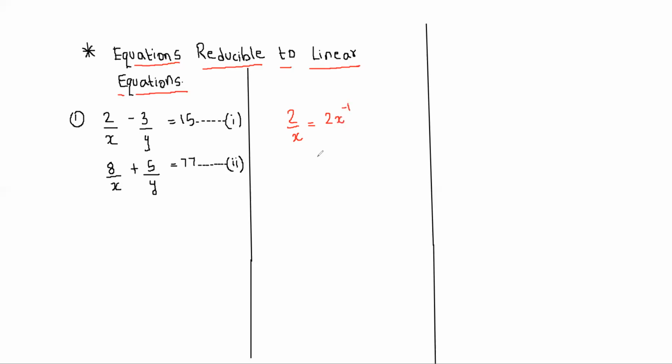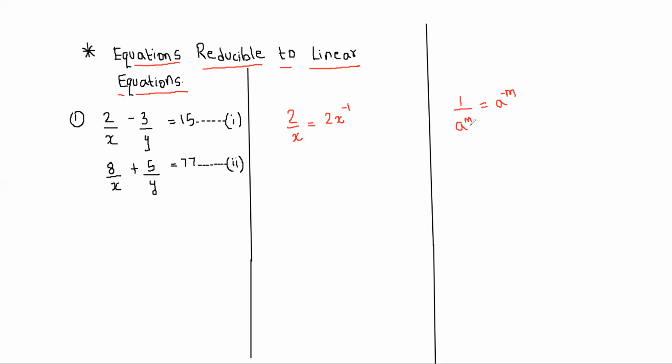We apply here the law of indices which we have studied, which says that 1 upon a raised to m is equal to a raised to minus m. Whenever we shift the term from the denominator to the numerator, the sign of the index will change.